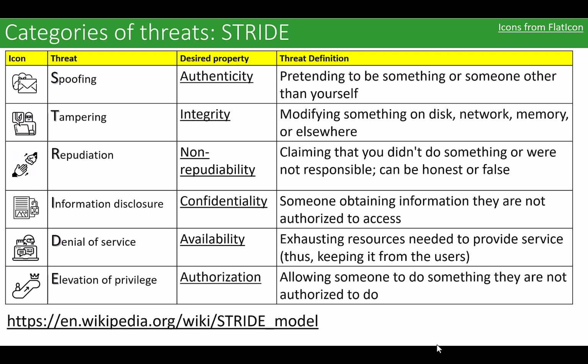But they said, you know what? We can pretty much categorize all security threats into 6 fundamental categories: spoofing, tampering, repudiation, information disclosure, denial of service, and elevation of privilege. And it turns out that our friends at Flat Icon have a nice set of icons for all of those. So these are the 6 categories of threats.